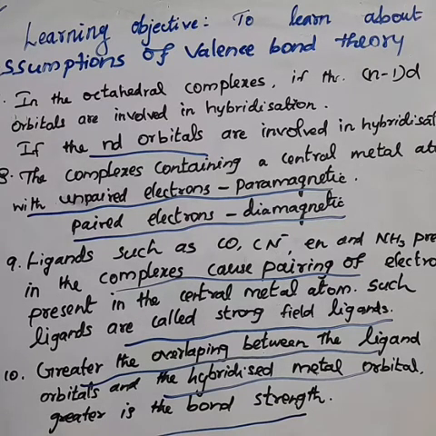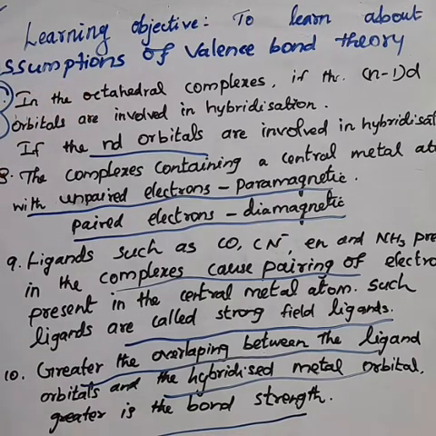Next, the seventh point is a very important point for the 2 mark question. In an octahedral complex, if (n-1)d orbitals are involved in hybridization, we call it an inner orbital complex, otherwise called low spin complex or spin paired complex.